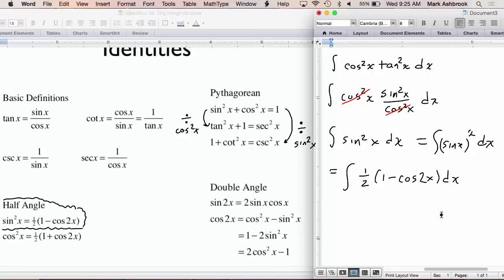So we just have two terms now. The first term is going to be an antiderivative. We could just take the 1/2 out first if we want. Antiderivative of 1 is x.